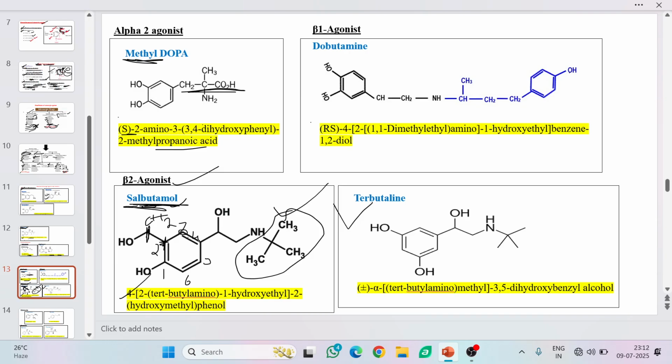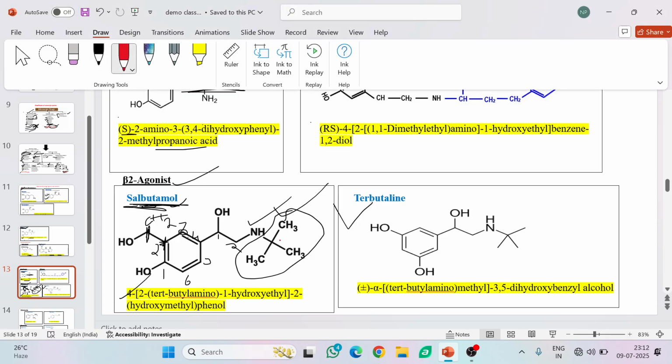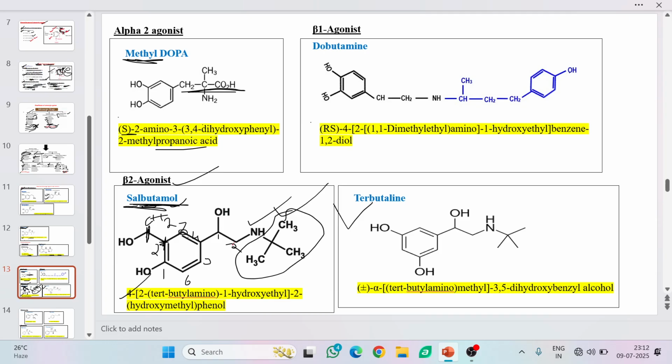So 4 in bracket, 2 tertiary butyl amino. This is tertiary butyl and this is amino. Then 1 hydroxyethyl: this is 1 hydroxy and this chain is the ethyl side chain.